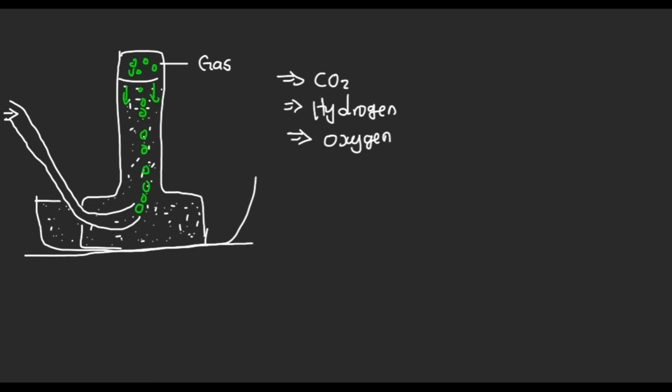Then for this one, it can be used to collect any gas as long as the gas is insoluble in water. Now, how can we put this information to good use? So we are going to look at exam questions where we can apply these.